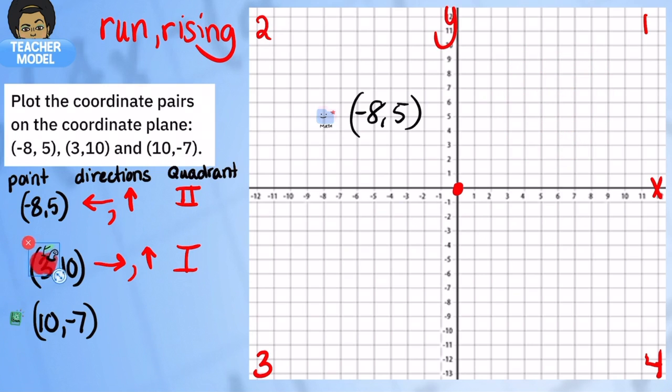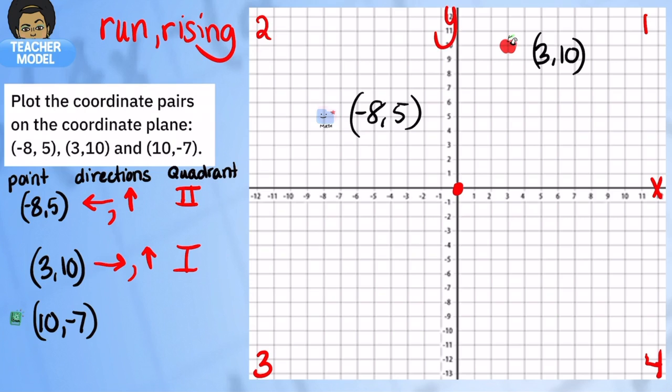So we're going to move him over. Let's make him a little smaller. And we're going to move him to 3. Remember, we're not doing 3 squares. 3 on the line and up 10. There we go. So this guy is at 3, 10, which is in quadrant 1.